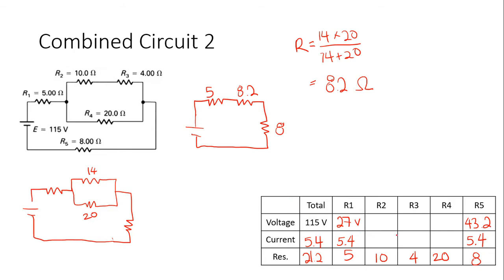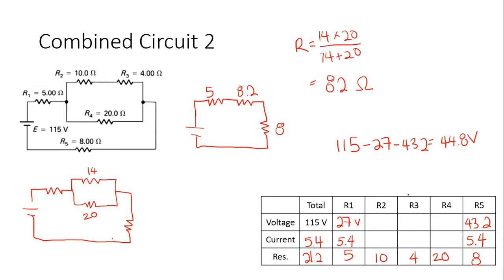Okay, so now I want to know about the voltage drop in the parallel branches. So I know that I had 115 volts and I dropped 27 and I dropped 43.2, and I have a leftover that is 44.8 volts.